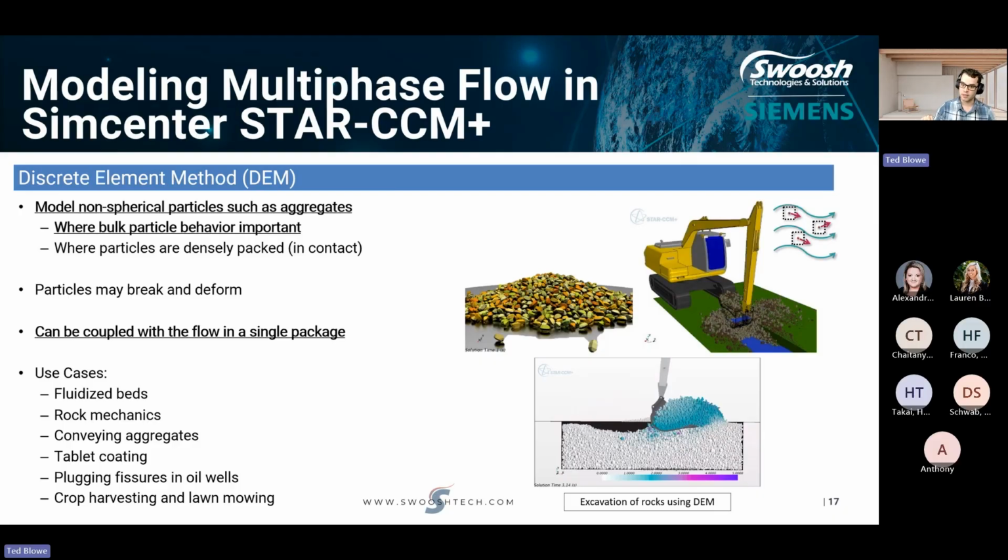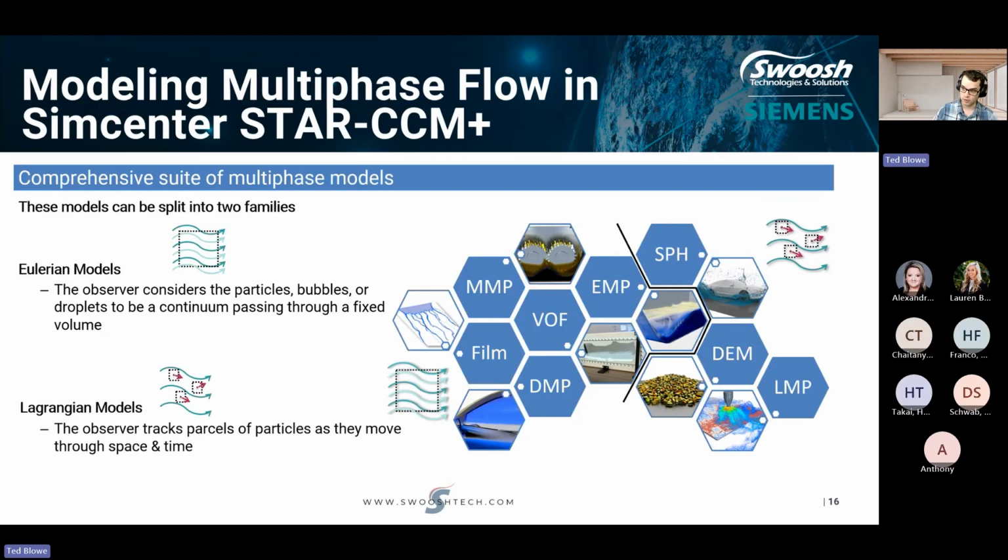One note on DEM is that typical industry solutions for DEM are standalone. What that means is they only solve for the DEM. If you want to perform a combined DEM and CFD simulation, you need to include a co-simulation approach and model the CFD side in a separate solution. When I say CFD, I mean the continuous phase. So let's go to the previous slide.